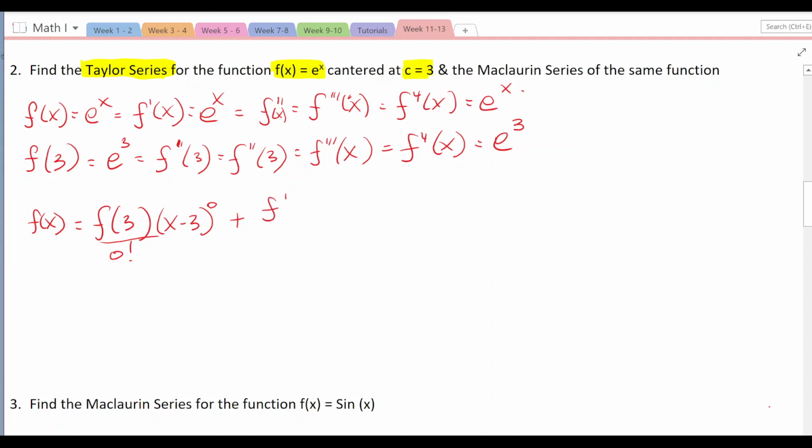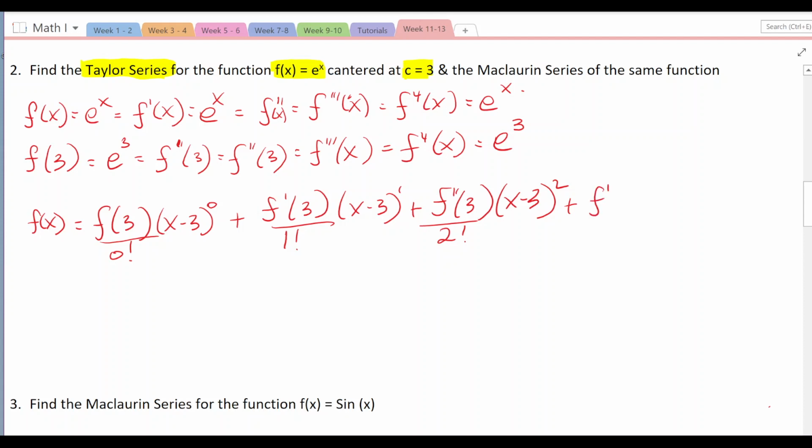The second term is the first derivative at 3 divided by 1 factorial times x minus 3 to the power of 1, plus the second derivative at 3 times x minus 3 squared divided by 2 factorial, plus the third derivative at 3 divided by 3 factorial times x minus 3 to the power of 3, plus f4 times x minus 3 to the power of 4 divided by 4 factorial.